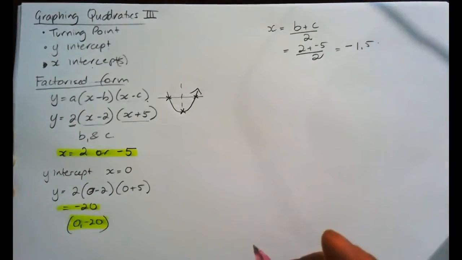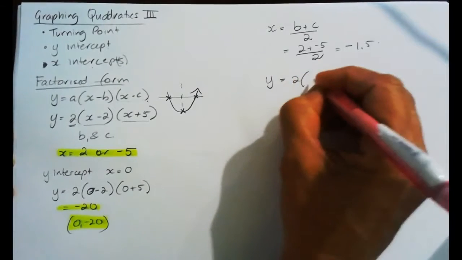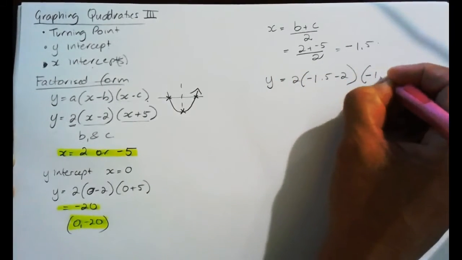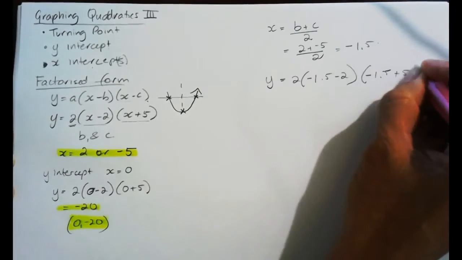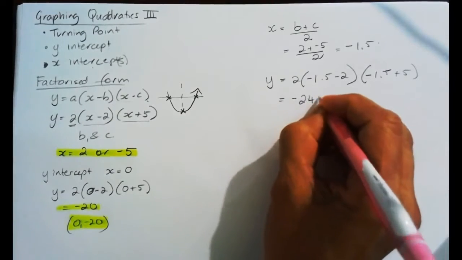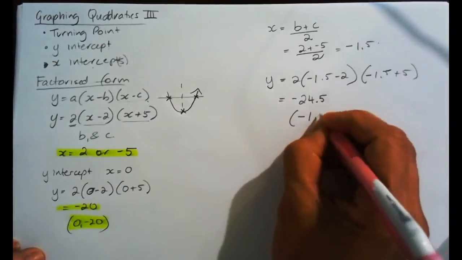So that's the x-coordinate of our turning point. Just substitute it in to find the y. So 2 times (negative 1.5 minus 2)(negative 1.5 plus 5), and that's going to give us negative 24.5. So therefore our turning point occurs at (negative 1.5, negative 24.5).